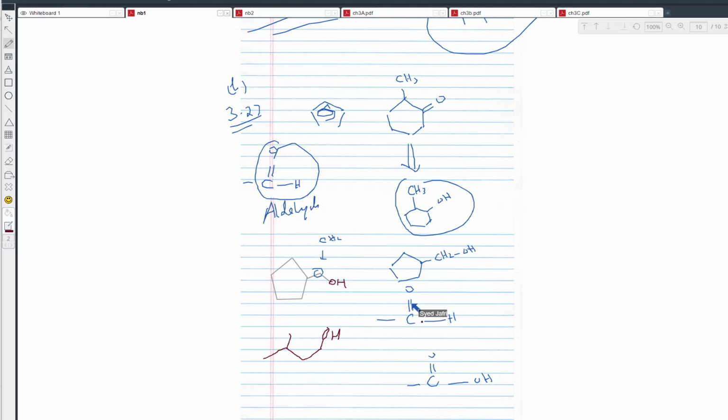Look here, the oxygen has a double bond, and here also a double bond.